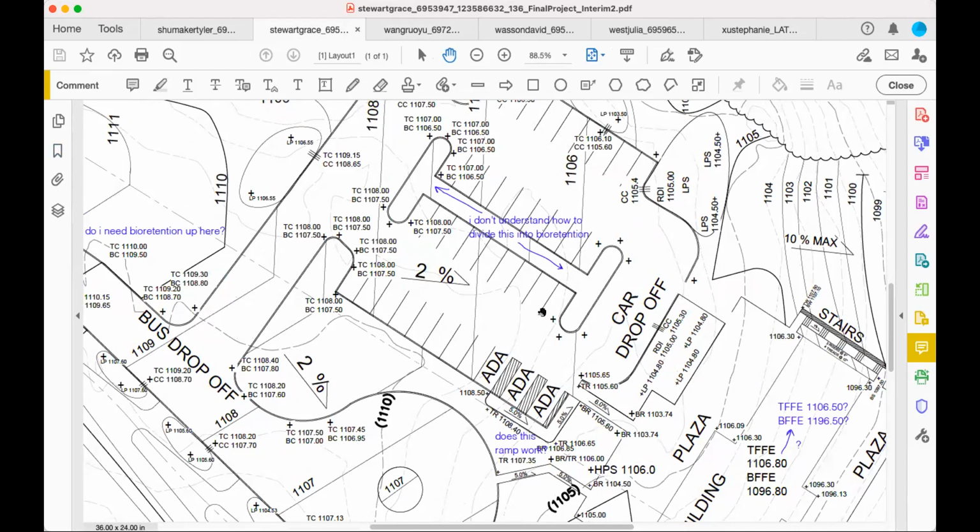So we have the issue with the retention. How to divide this into retention areas? First we identify there is a dead corner here, so I need a DI.